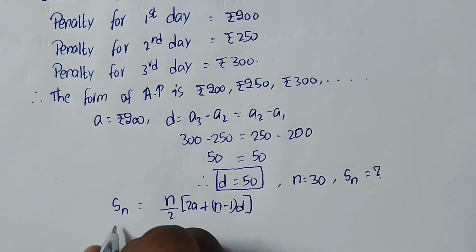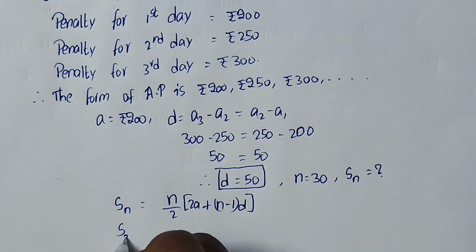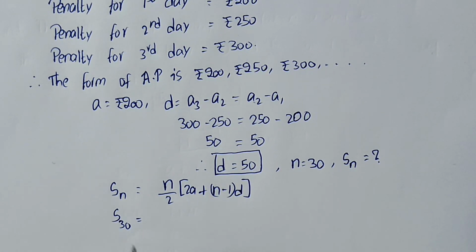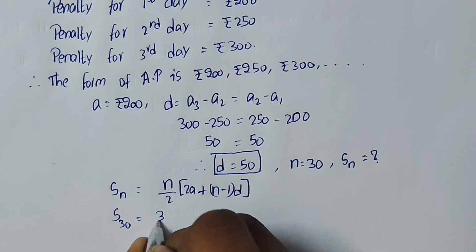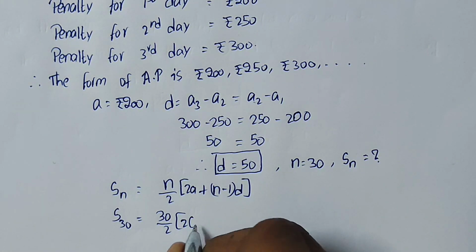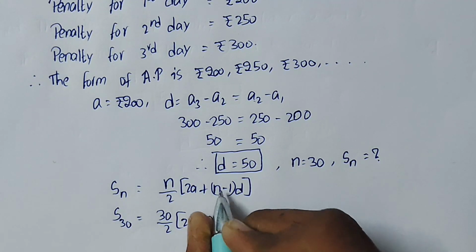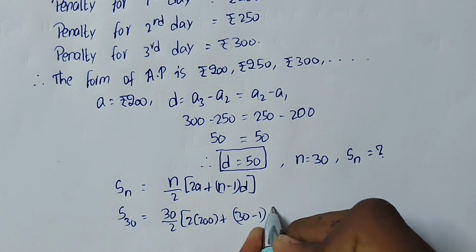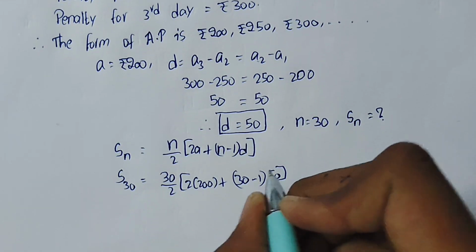Here the value of N is 30, so I am writing S30. Sum of 30 days money is equal to 30 by 2 into 2 of 200 plus the value of N, 30 minus 1, into the value of D, 50.